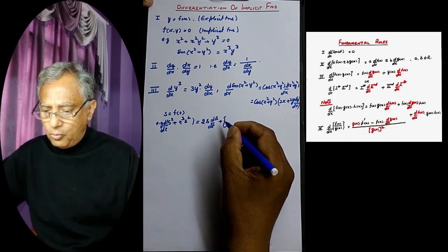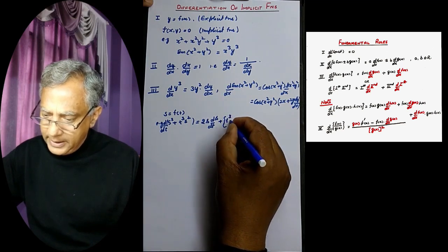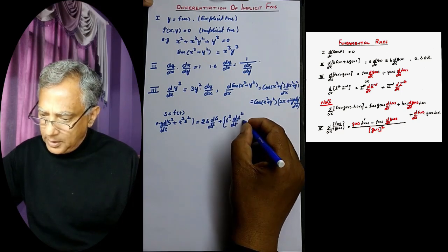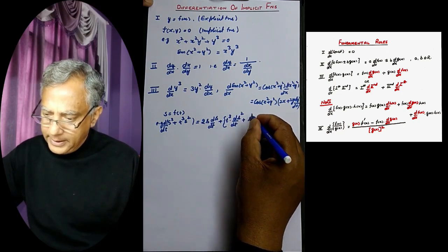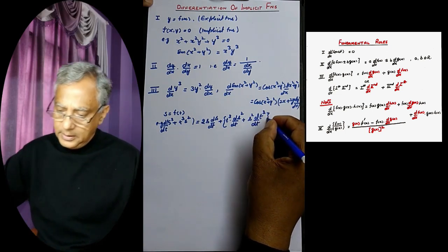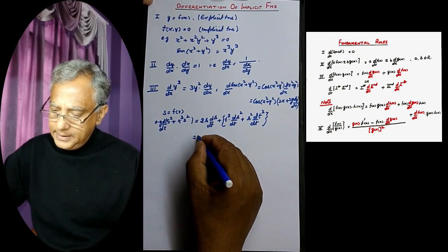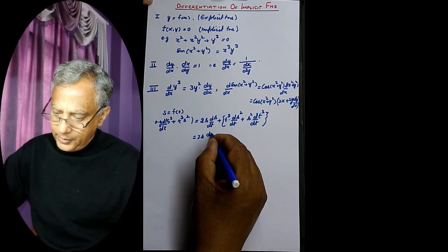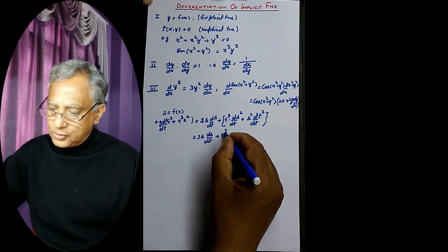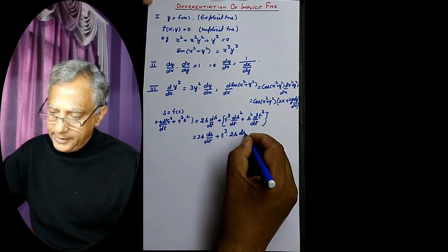Plus, now this will be a product of two functions. So first function t cube into d by dt of s square, plus s square into d by dt of t cube. This is equal to 2s ds by dt plus t cube into the differential of s square, which will be 2s into ds by dt.